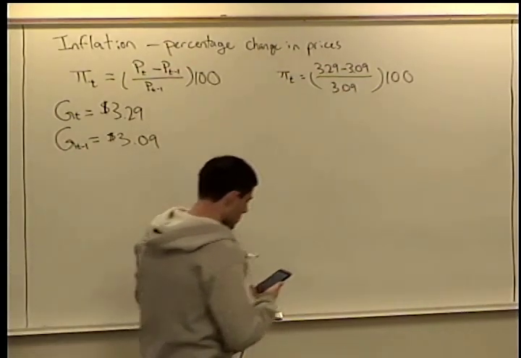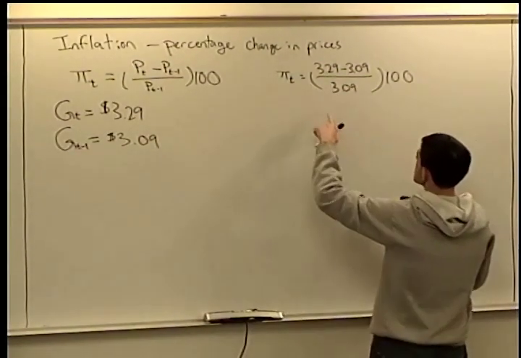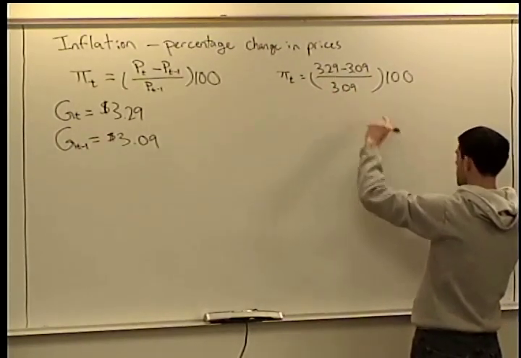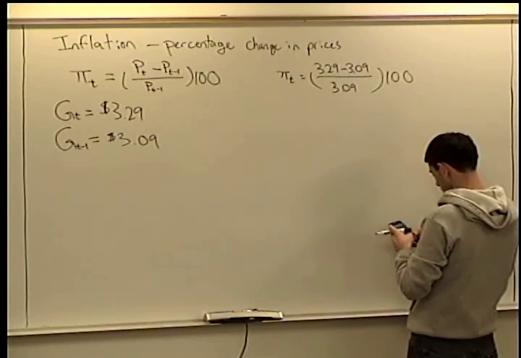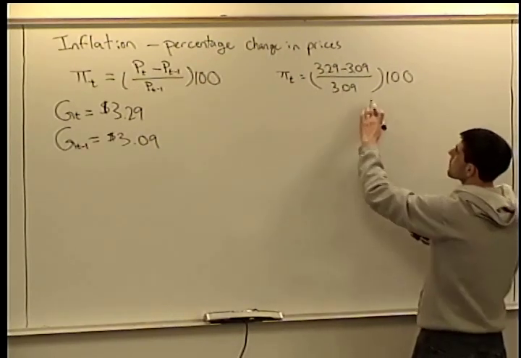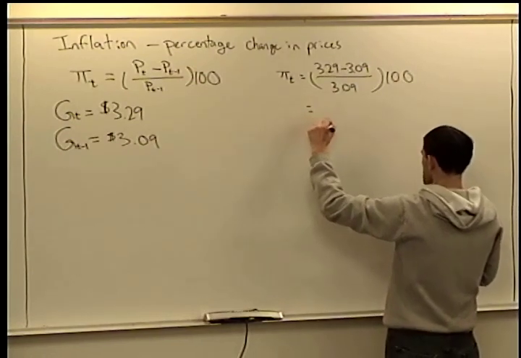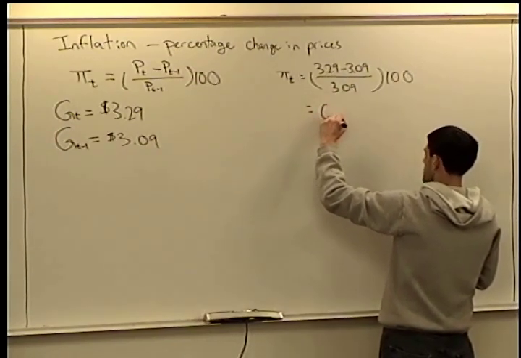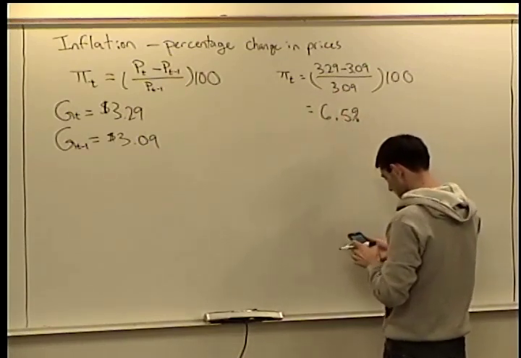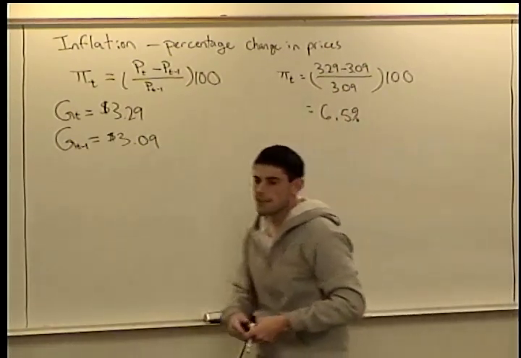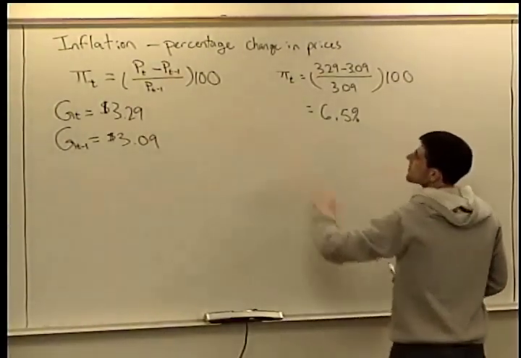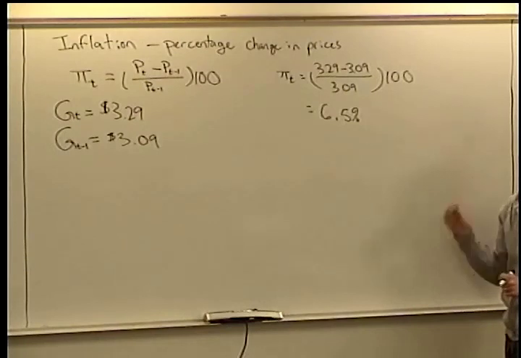And that works out to, so this is 0.2 divided by 3.09, multiplied by 100, and that equals approximately 6.5%. What this is saying is that the price of gasoline in 6 months rose 6.5%.